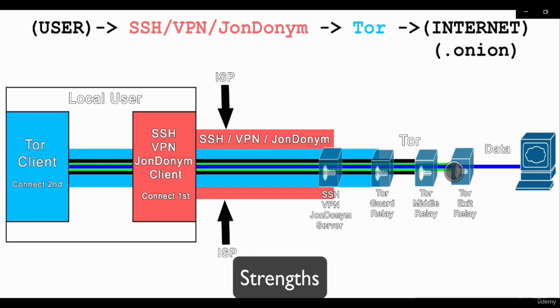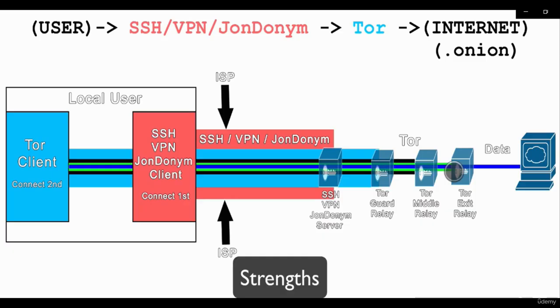Let's have an example: if an attacker gains a Tor guard relay or passes a Tor middle relay and finally the Tor exit relay, and Tor stores activity of the local user by incoming SSH VPN JonDonym attack.